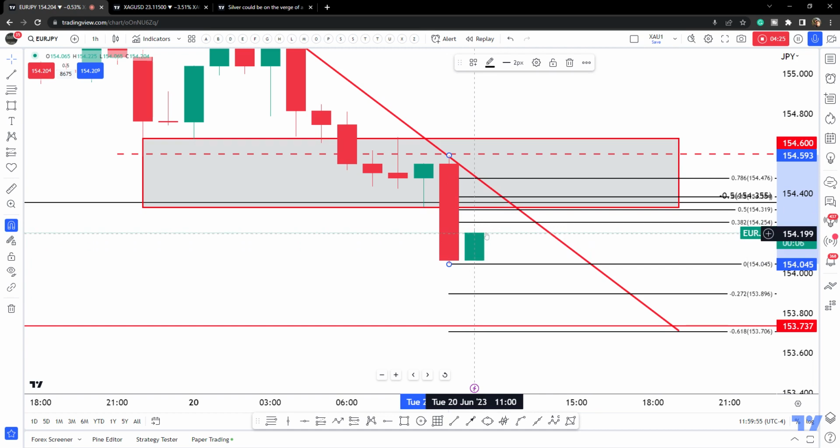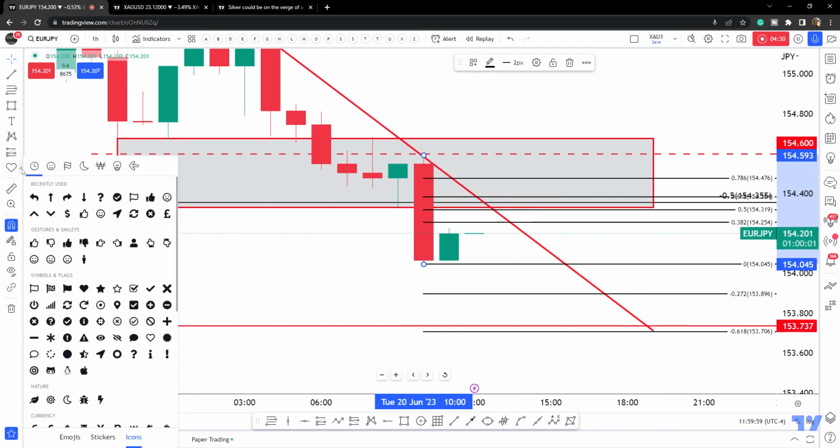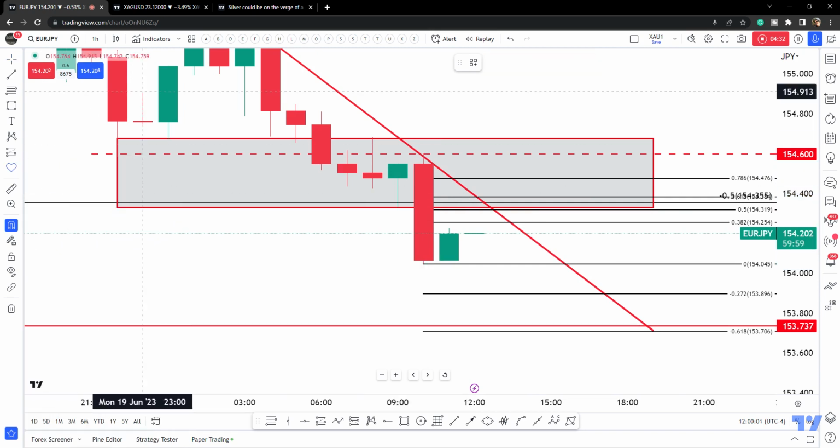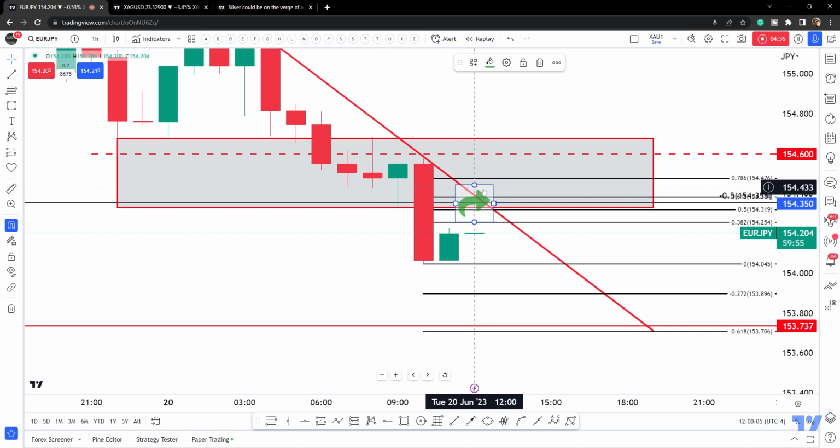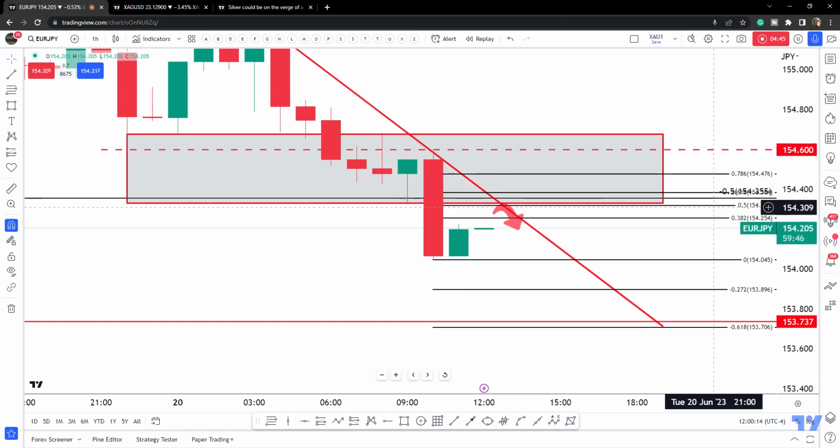Considering the strength of the correction, we could come up inside a bit further. And in that respect, we can be looking at a 50% mean reversion, a 61.8, to test the trend line and see if it doesn't hold for a continuation of the downside towards the daily target.